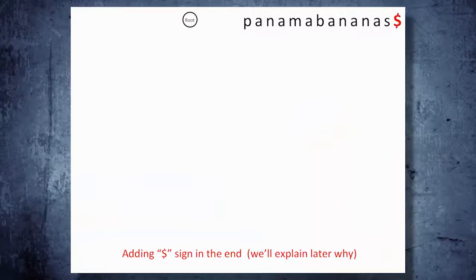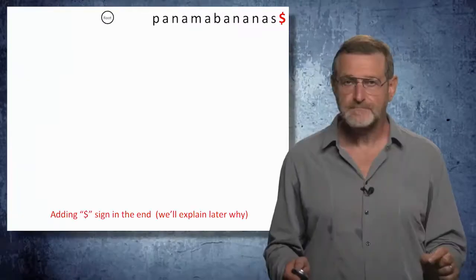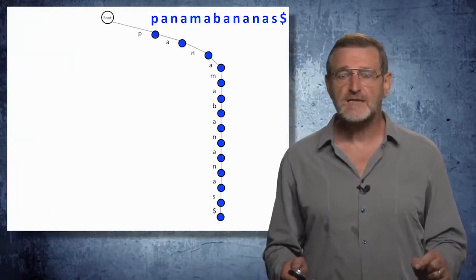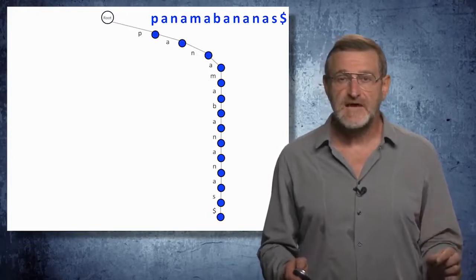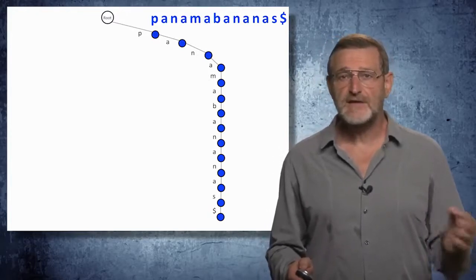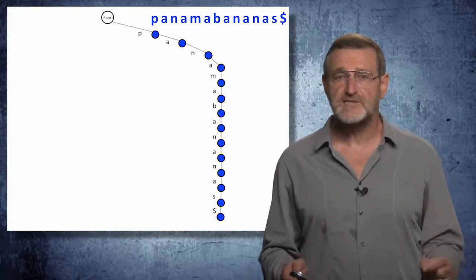Let's see how this idea works for Panama bananas. But let's just start by adding a $ sign to the end of Panama bananas, and I will explain later why I add this strange $ sign to the end of my string. So we start from the longest suffix of Panama bananas and build the corresponding path in the trie.